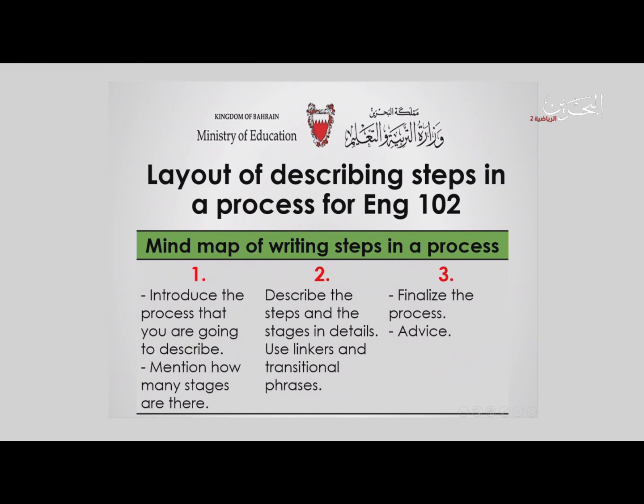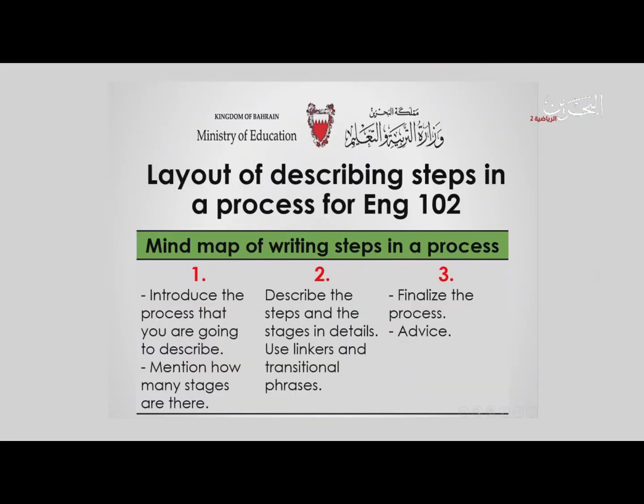Now, when I want to write steps of a process, I have to follow three main things in order to write it. So, the first paragraph, as you can see, my dear students, there is an introduction. What do I introduce? I have to introduce the process that you are going to describe.